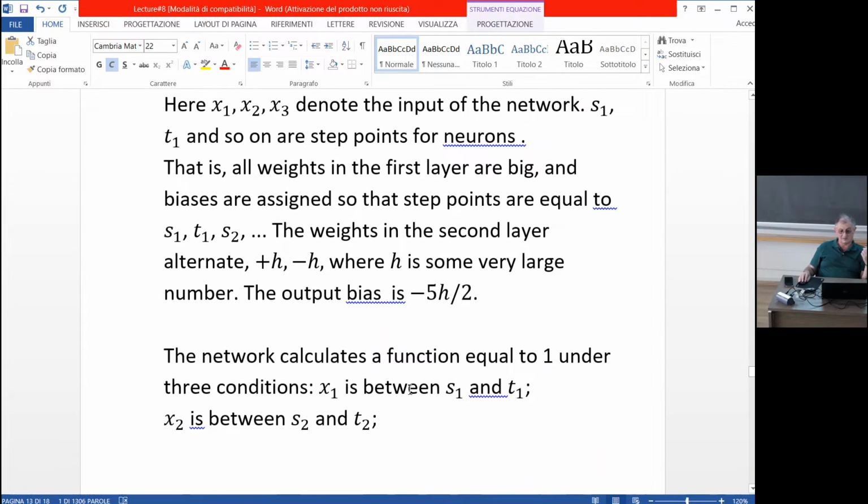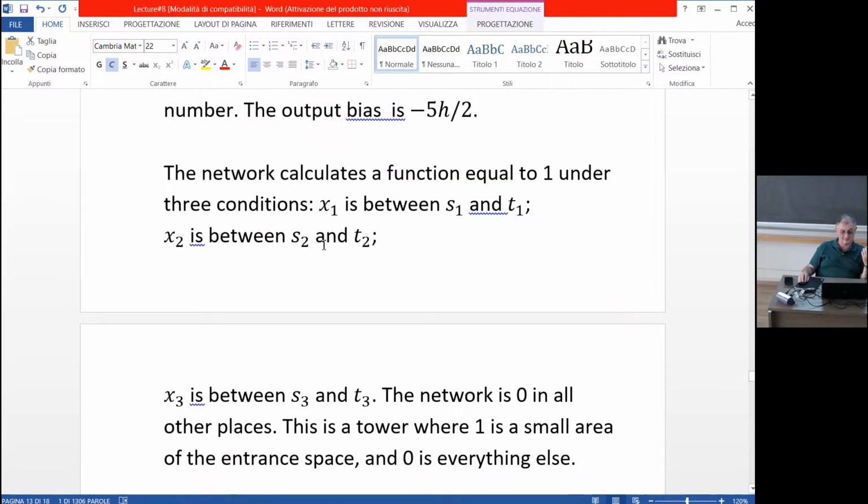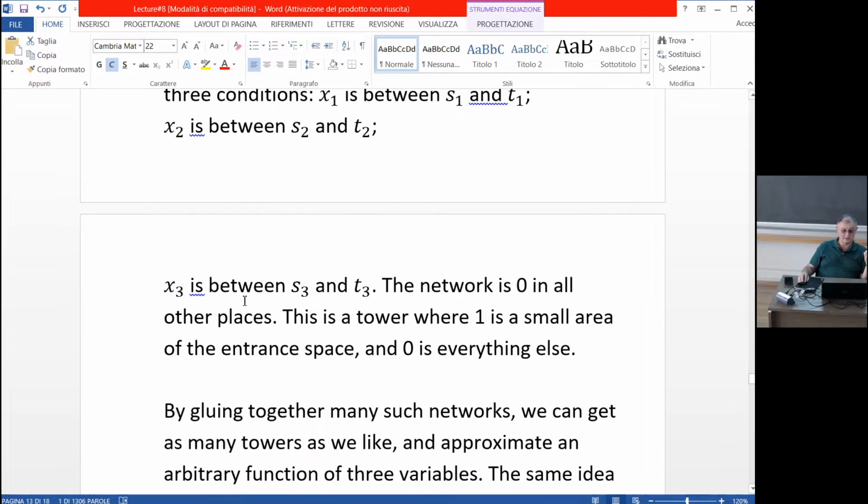The network calculates a function equal to 1 under 3 conditions. So we cut off our plateau, our cross-type space. x1 is between S1 and T1, x2 is between S2 and T2, and x3 is between S3 and T3, and it will annulate to the 0 level, squashing all the bases.